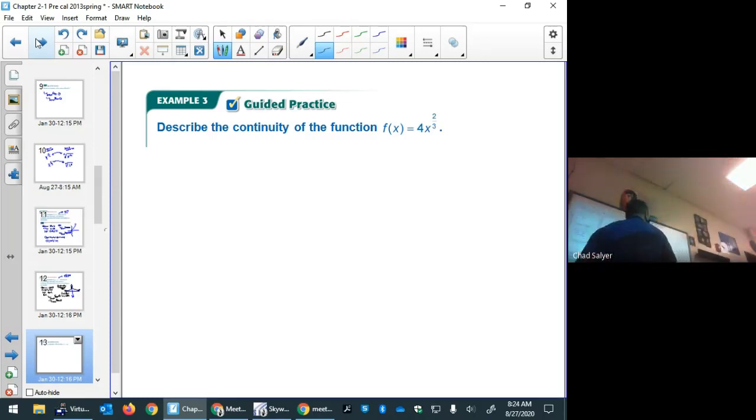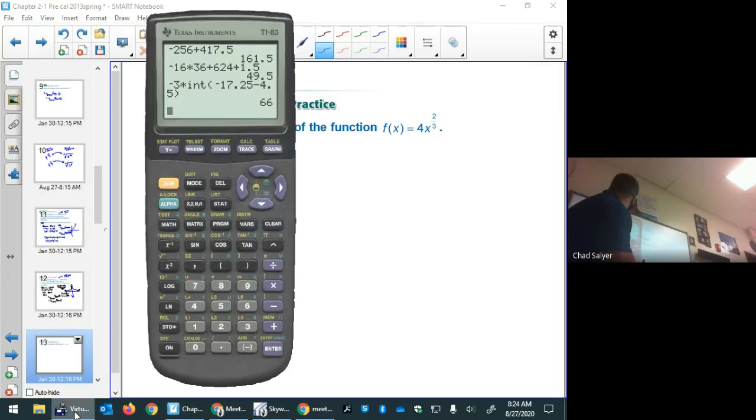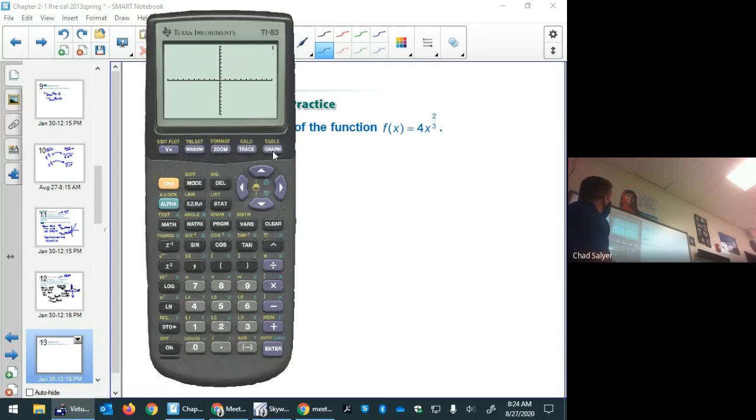Okay, Ian, what do you think? Let's take a look at the graph. So 4 times x to the 2/3 power. If I trace here at 0, you see it does exist.